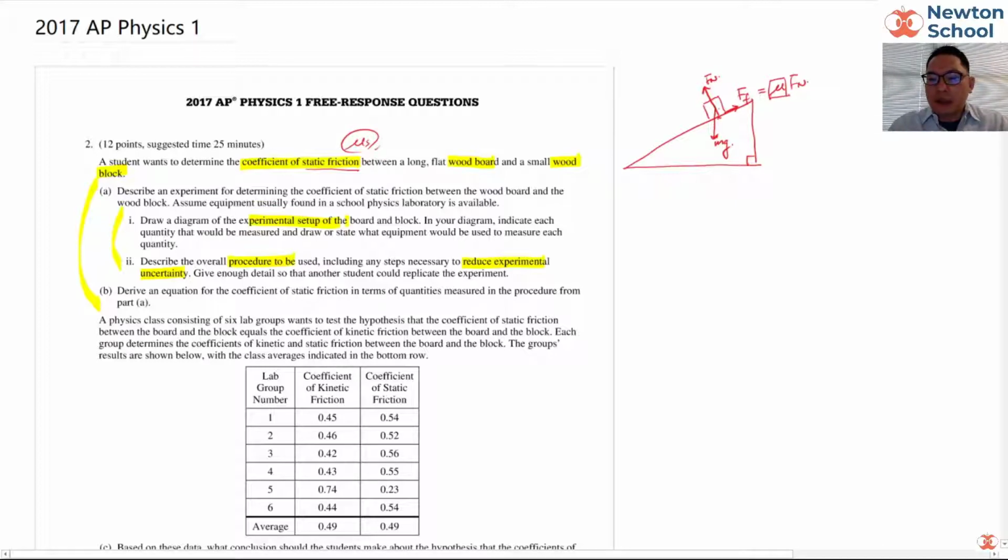Since this object is moving in that direction, you want to choose this as the x-axis and that as the y-axis, right? Now usually you have to say F net y is 0 because this block is not moving up or down, and F net x, which is in this direction, will eventually become ma, right?